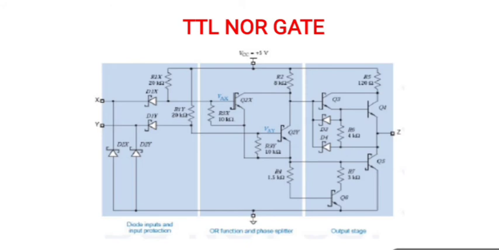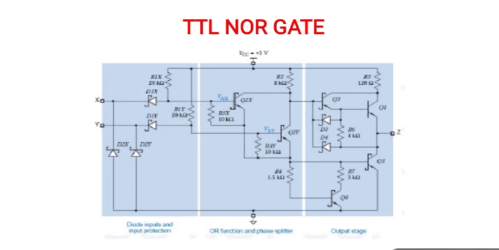Suppose the inputs are 1 1. Then all diodes will be reverse biased. 0 0 means all are forward biased, and 1 1 means all are reverse biased, because the cathode is greater than the anode. So with X equal to 1 and Y equal to 1, all diodes are reverse biased. Reverse bias means there is no path for VCC to ground, so the base of Q2X will be 5 volts. Q2X will be on, Q2Y also on, and Q5 and Q6 also on.